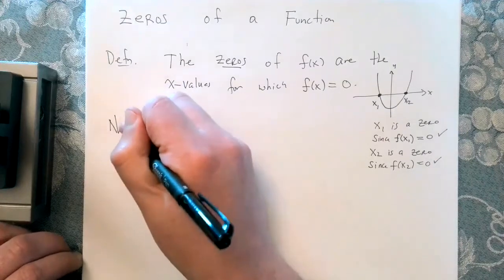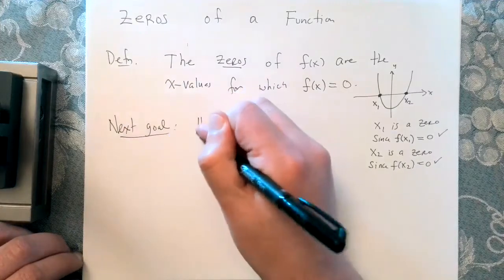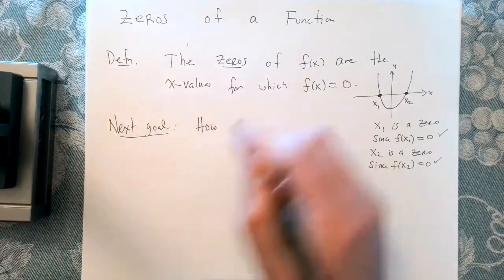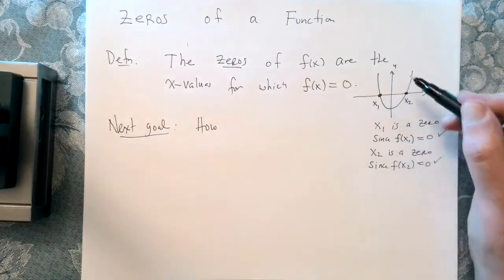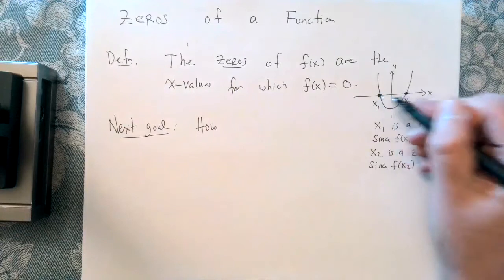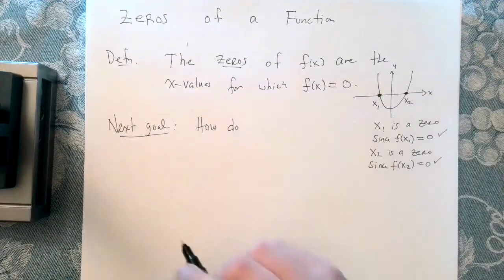So next goal. So how do we find zeros algebraically? So geometrically, we can just look at the picture and say, oh, maybe I've got one here and here, but how do we find zeros algebraically?